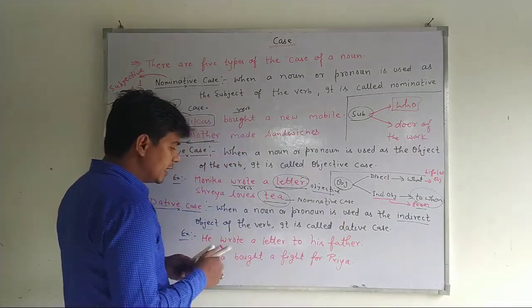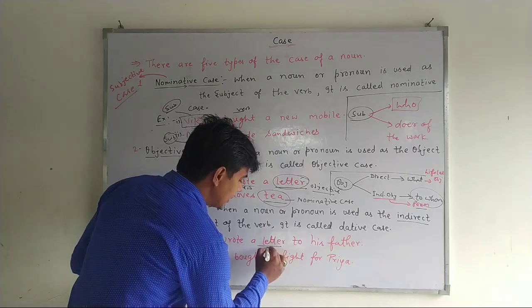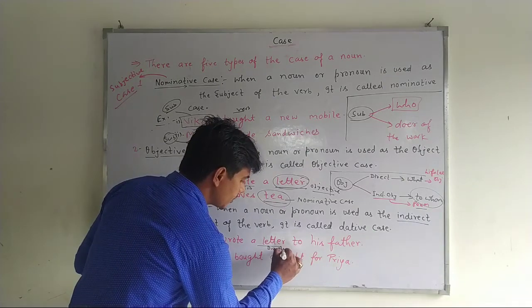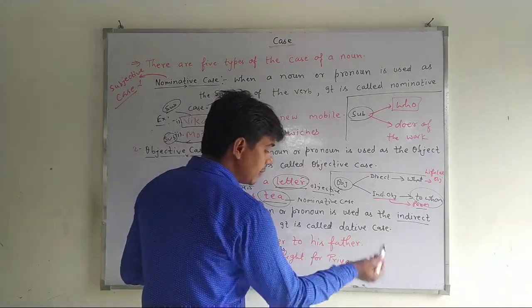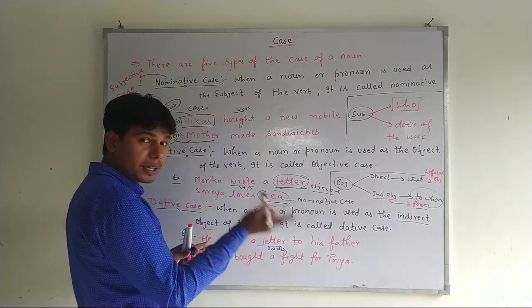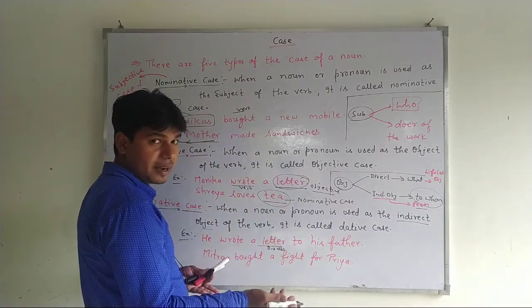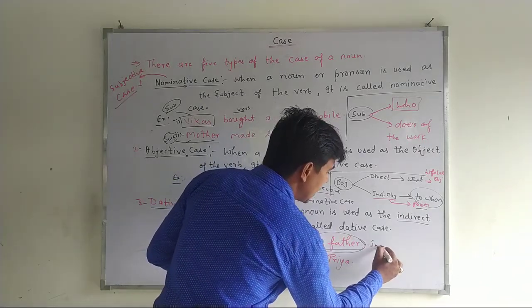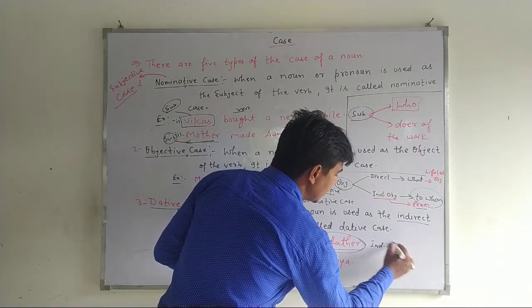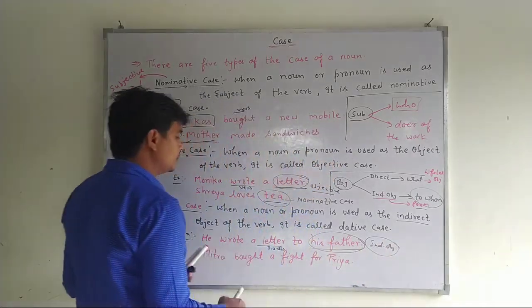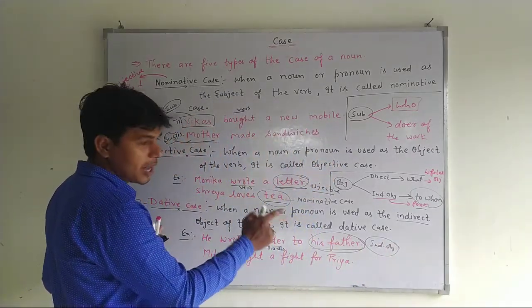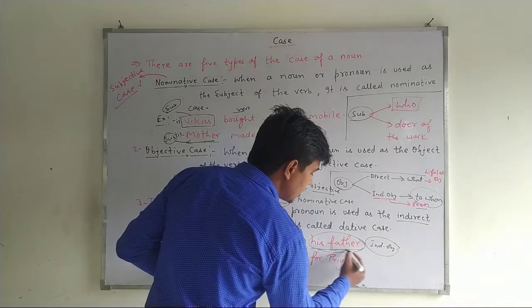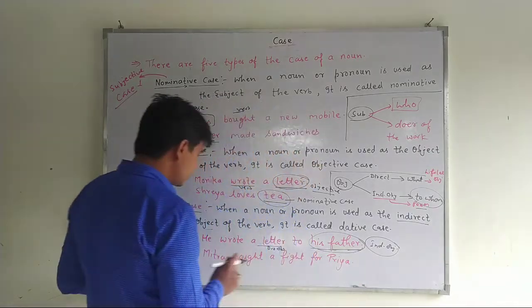Now see here, a letter is a direct object, and see, to his father. To whom did he write a letter? His father. So here his father is an indirect object. Is that clear? And that is the dative case. Are you getting me? So you will underline just the words his father.